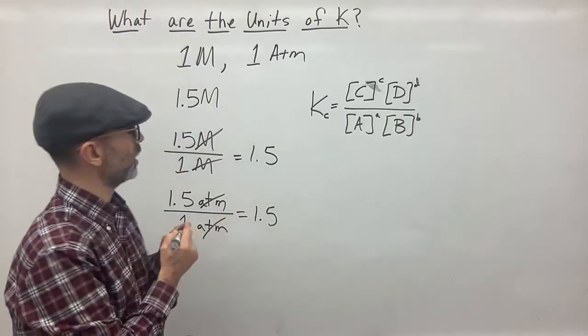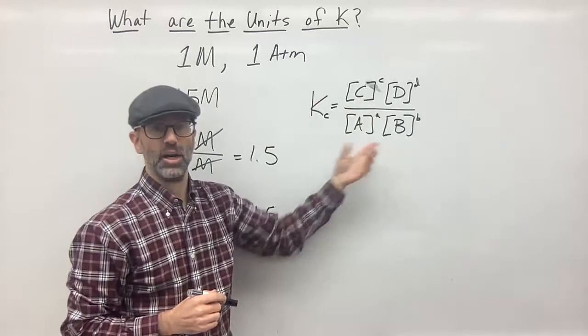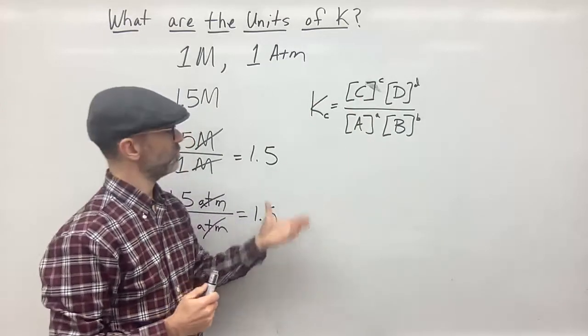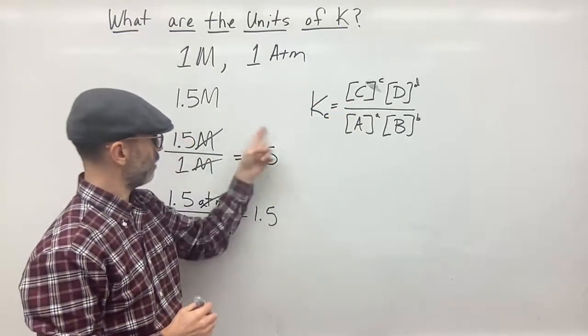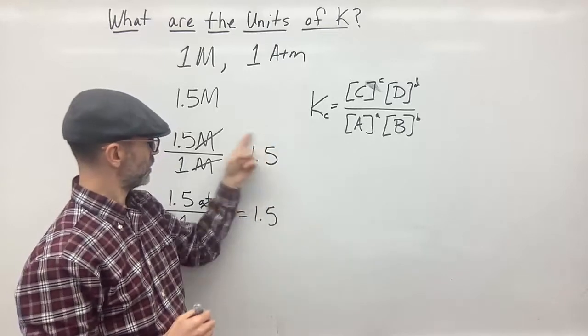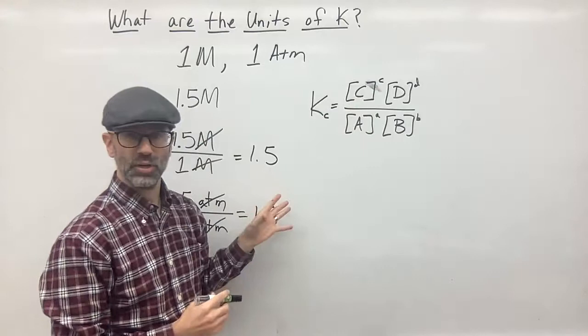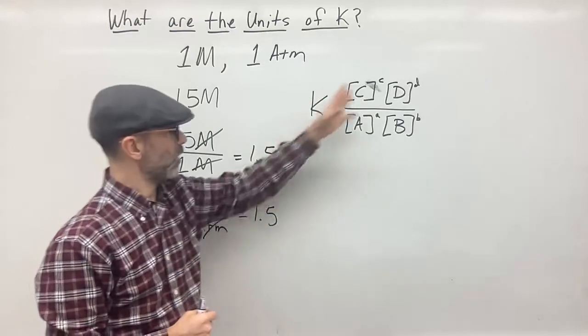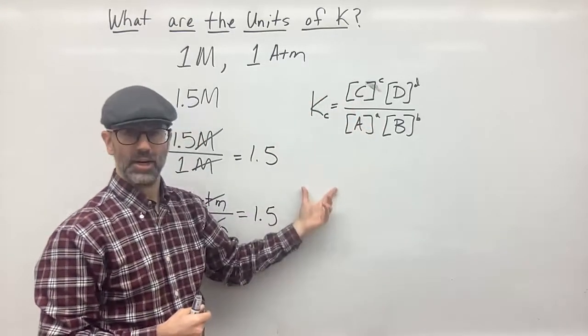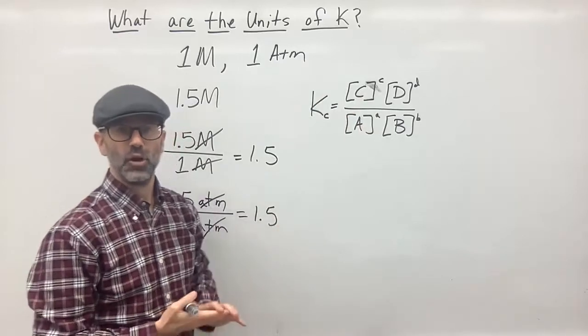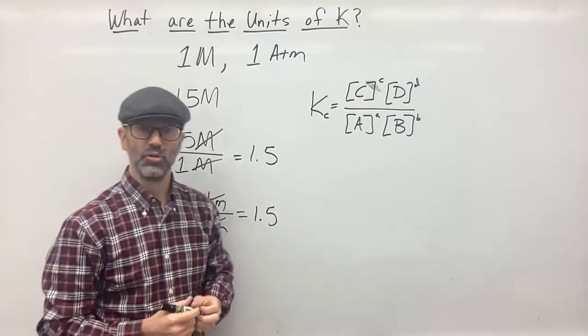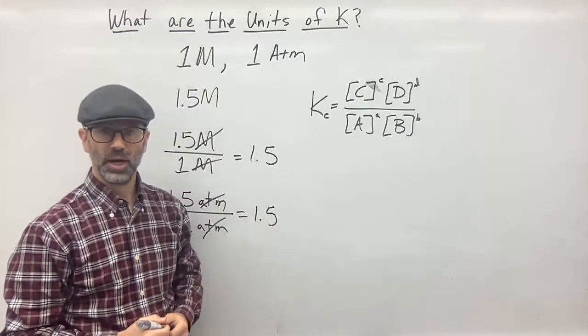When you're putting your concentrations in there, you don't have to put in the units. So if I had 1.5 and that was C, I'd put 1.5 here raised to the C power, no units. When you calculate this, you're going to have a constant that is unitless. That's why there are no units for the equilibrium constant.